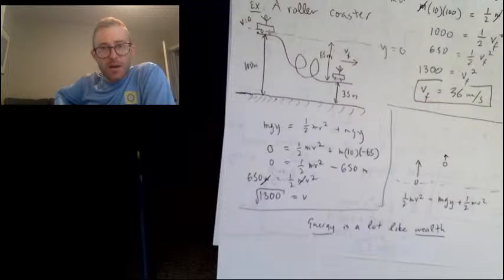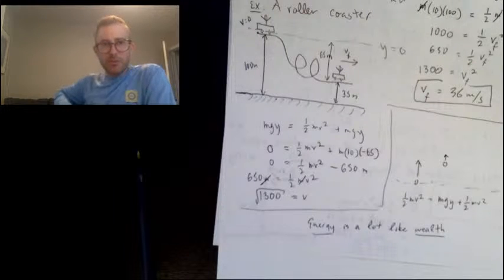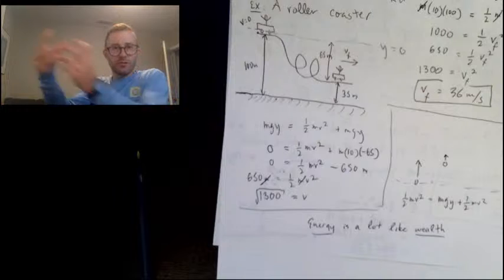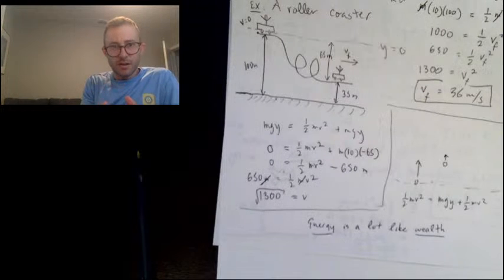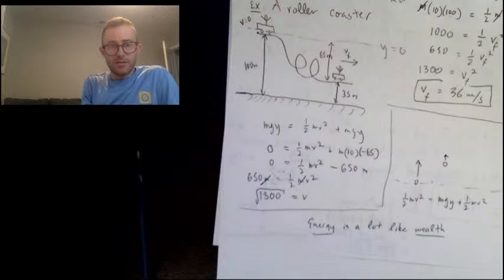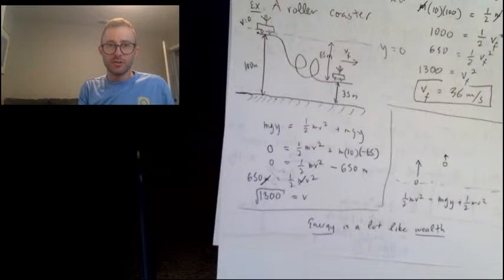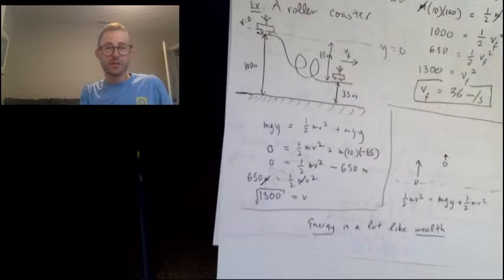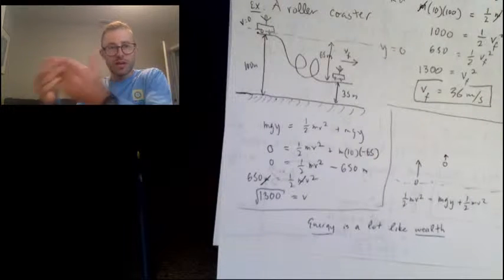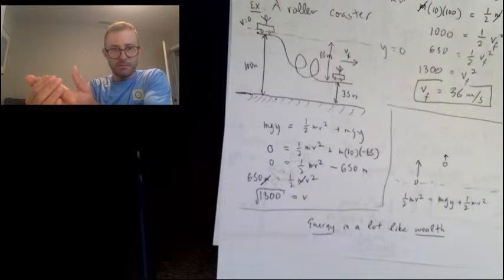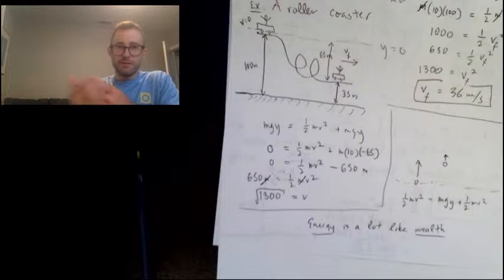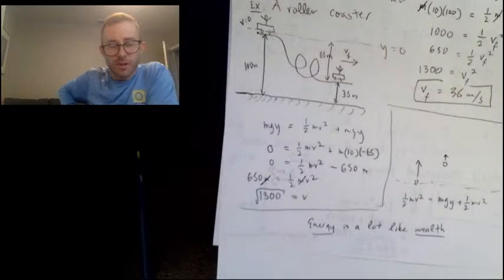Okay? And if you think about it, you can transfer wealth. You can hand cash to someone else. That's a transfer of wealth. Similarly, energy can be transferred to another thing. Okay? You can give 5 joules of energy to someone.